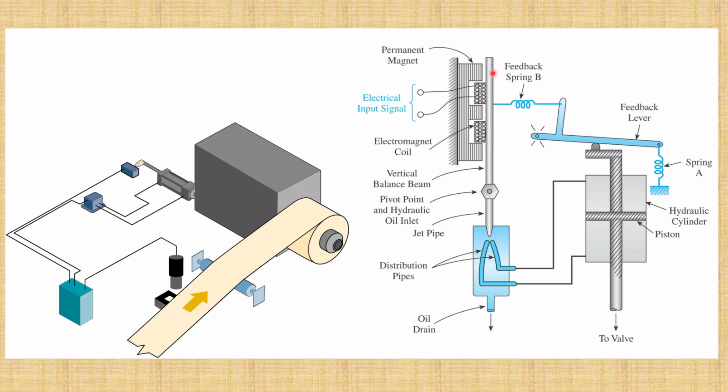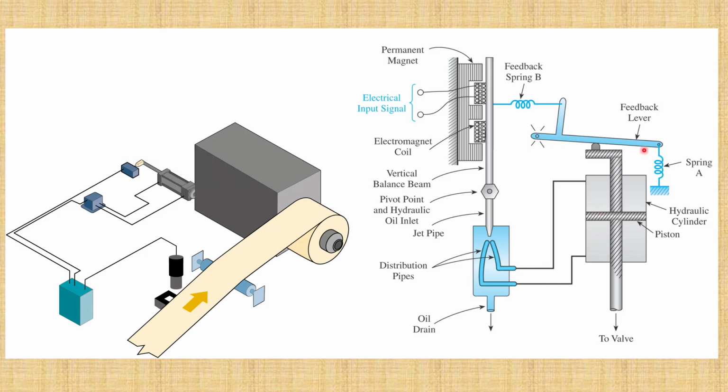So I've got hydraulic fluid that's being pumped down here, and this can pivot, and it's being pivoted by the strength of the signal coming out of this. And I'm either going to direct that fluid into this port, that's going to cause a cylinder to move this way, or it's going to pivot in this way and direct the fluid on this side of the cylinder and move the piston this direction.